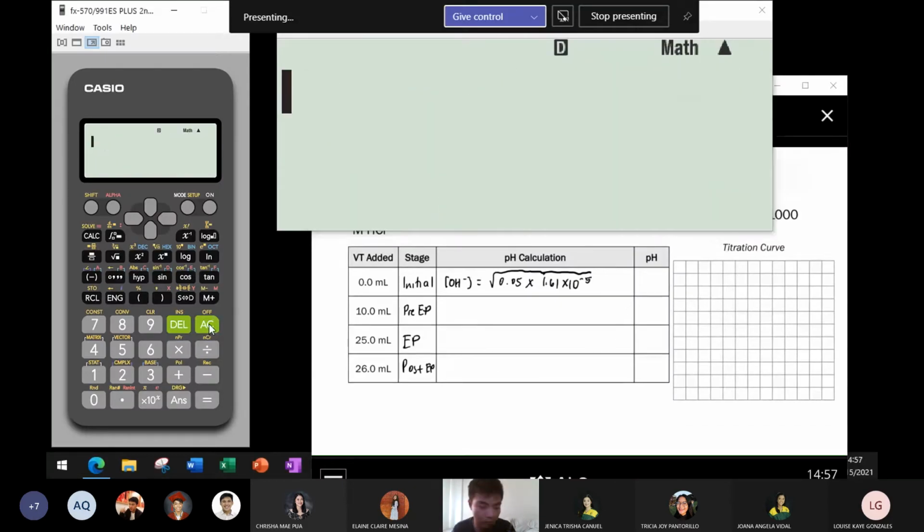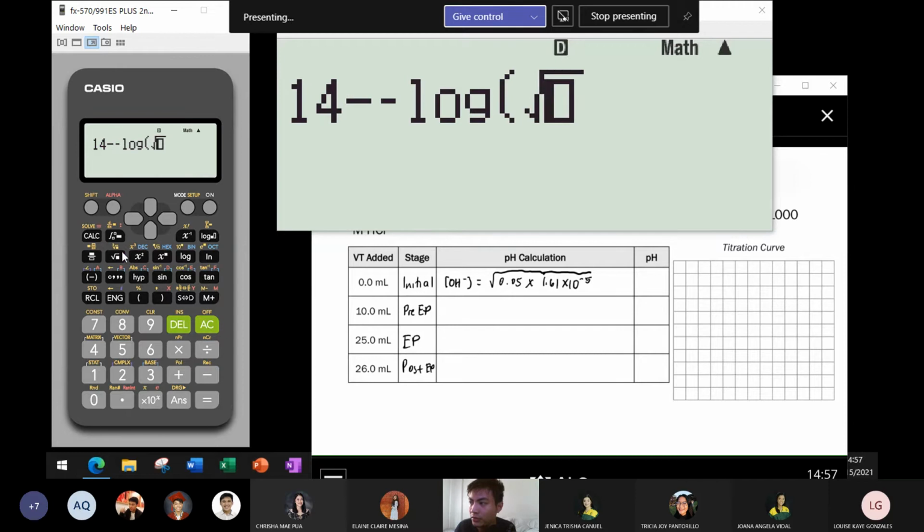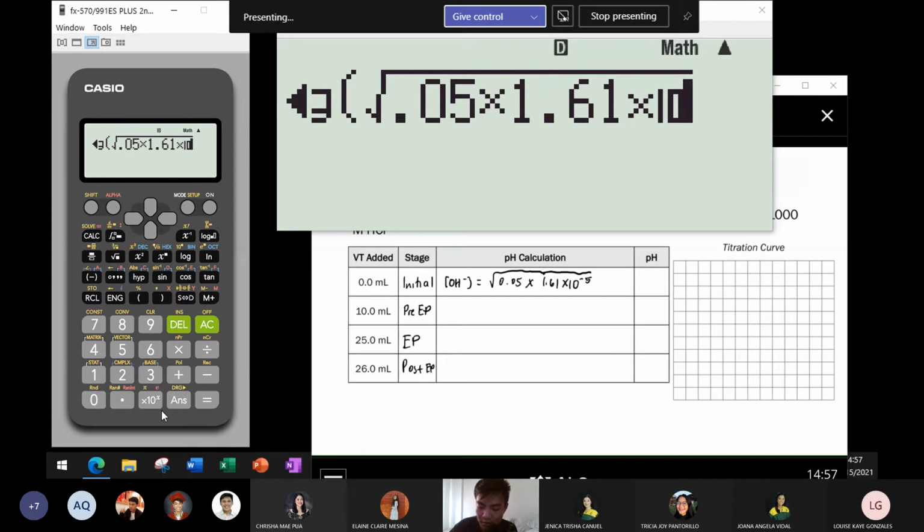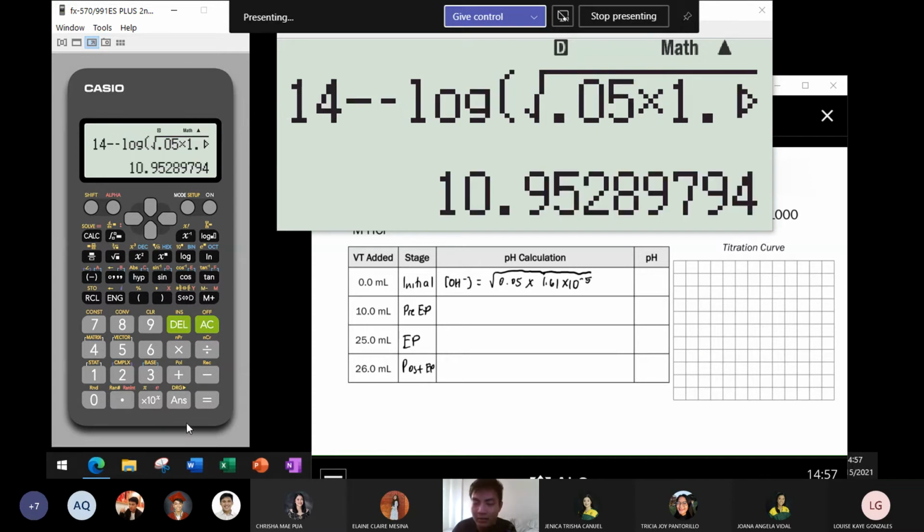Plug in sa calcu: 14 minus negative log square root of 0.05 times 1.61 times 10 raised to negative 5. Sir, bakit ka may 14 dyan? Kasi again, OH to. Ang gusto natin ay pH. Pag ni-negative log mo lang to, pOH yan. Unahan mo na ng 14: 14 minus the pOH.